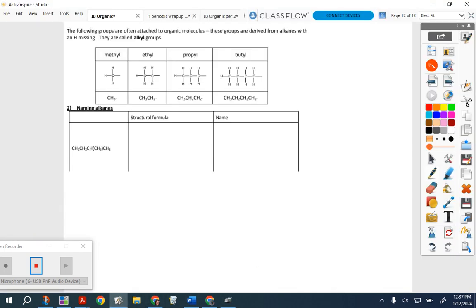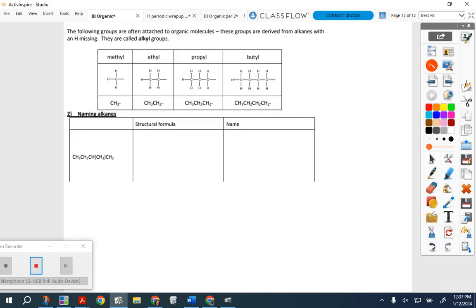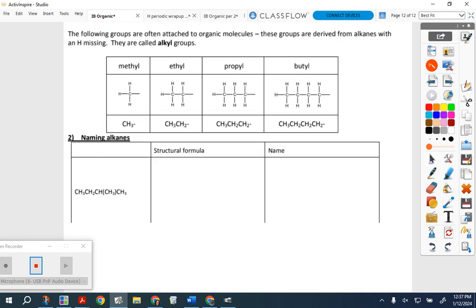So the next part is where that's just for a straight chain, just one long continuous chain of carbons without any branches. But we can also have branched chains. Instead of a hydrogen coming off the top or the bottom of the middle of the chain, we can have some more carbons.